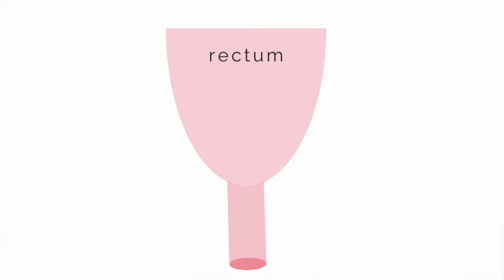Let's begin by discussing anorectal anatomy and function with a heavy emphasis on the anal canal and anus. Imagine that this is a person who is facing you and has been cut down the center. Her rectum is here, sitting on top of her anal canal, which lives right above her anal opening, or her anus.